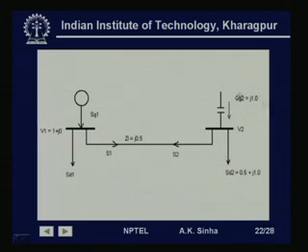Now, at bus 2 we have a capacitor connected, which is injecting QG2 power equal to 1 per unit, and we have a complex load SD2 equal to 0.5 plus j1.0. So, the injection at this bus is known, the voltage at bus 1 is known, and we need to find out the voltage magnitude and angle at bus 2. Bus 1 will be acting as a slack bus, because here both voltage magnitude and angle are specified, and also we do not know what the generation at this bus will be until we know the loss.